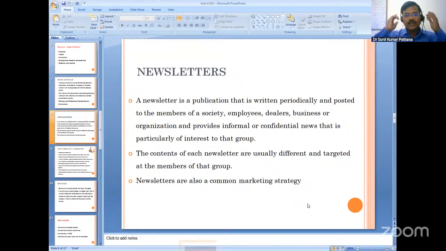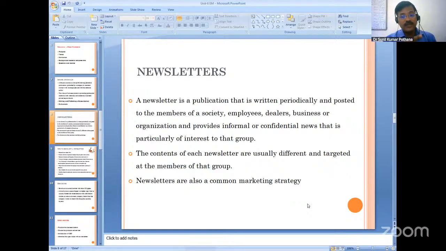Newsletters are another tool for the publications officer. A newsletter is a publication written periodically and posted to the members of a society, employees, dealers, a business or an organization, and it provides informal or confidential news that is particularly of interest to the group.